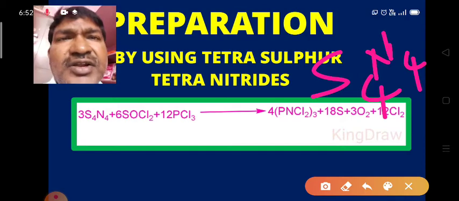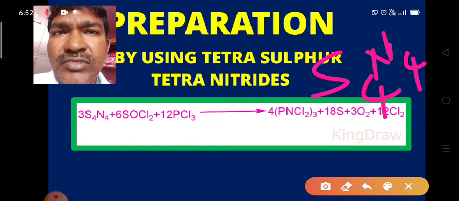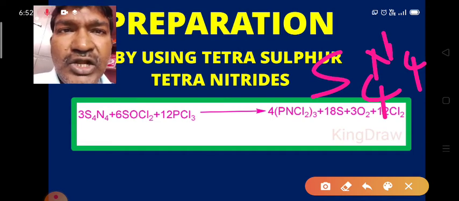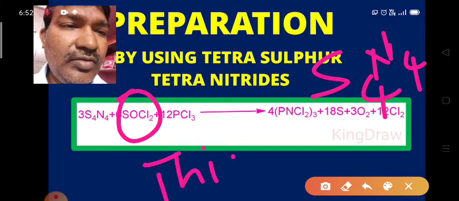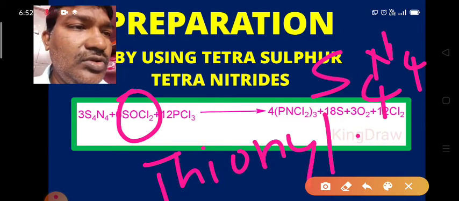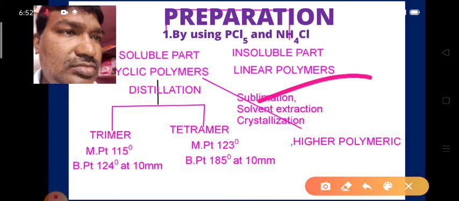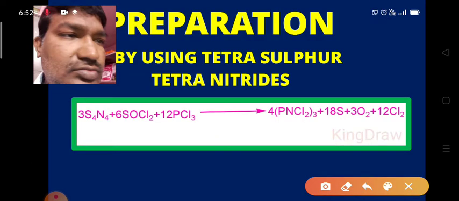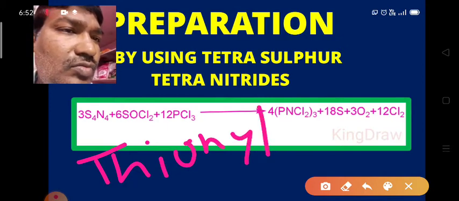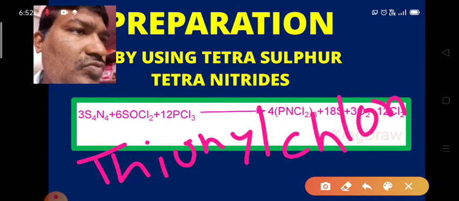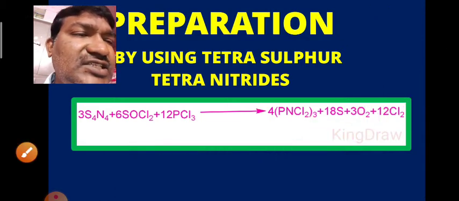Here this tetrasulfur tetranitride reacts with phosphorus trichloride in the presence of thionyl chloride, SOCl2. And this reaction is very easy to balance.